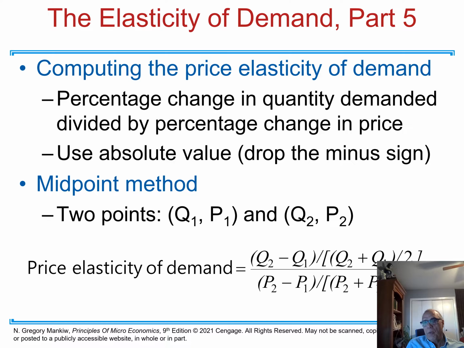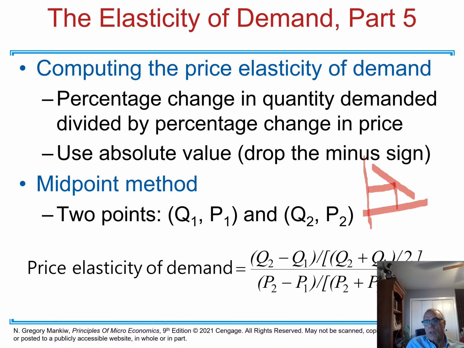How do we compute the elasticity? Percentage change in quantity demanded divided by percentage change in price. Use the absolute value for the demand curve. Drop the minus sign. And we can use this midpoint formula here. Between those 2 points, P1 and Q1, I can draw one here. Okay, let's say this is the demand curve.